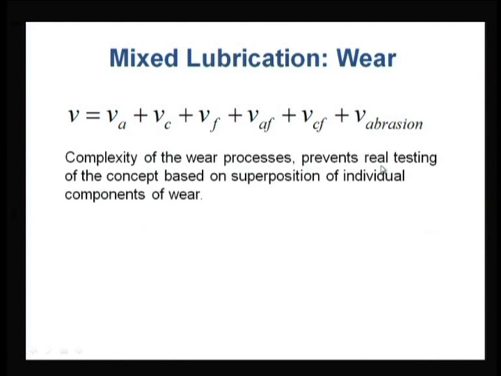When things are not 100% sure, we will not be able to get fruitful results from this kind of approach. That is why we are not going for the imposition of individual components of wear. We need to think from some other angle.